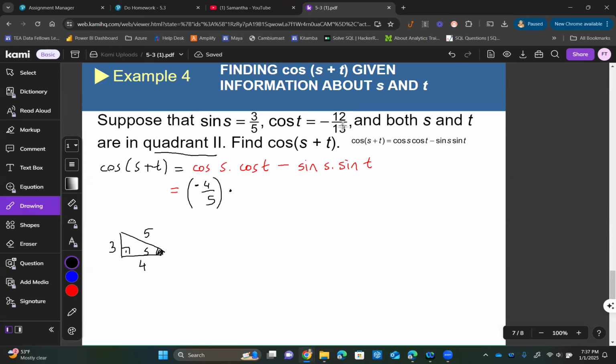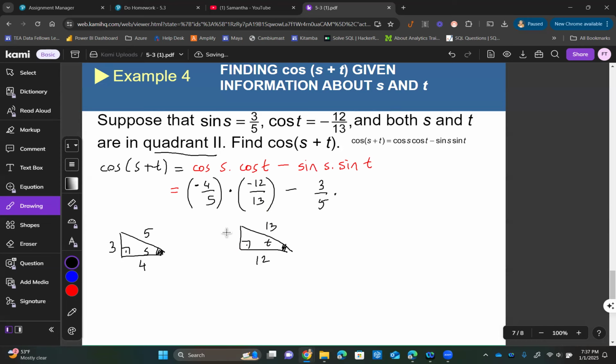Now, cosine of T is given in the problem, so I don't have to try to find it, so I'm just copying this. Sine of angle S is given as 3/5, and then sine of angle T is missing, so I'm going to draw another right triangle for angle T this time, and then this is the angle T. Its cosine value is given as 12/13, so adjacent side is 12, hypotenuse is 13.